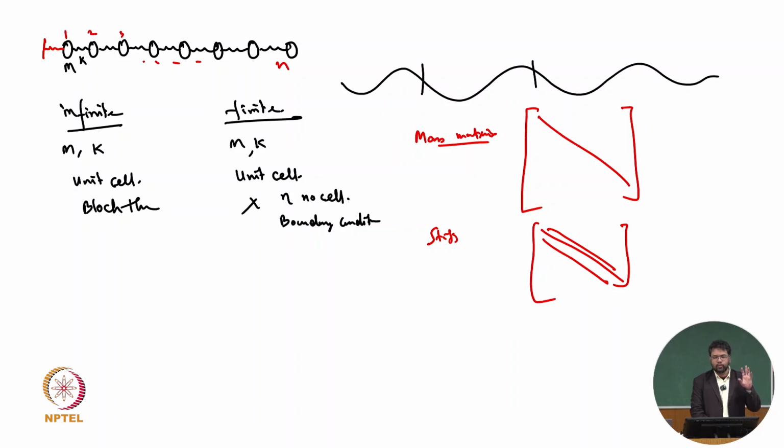Now think, what do we have to establish? We have to see the band gap. So here we got the band gap like this. Band gap means the frequency where a wave cannot propagate. Agreed? So we have to see where the wave cannot propagate. Do the two regions match with each other or not?